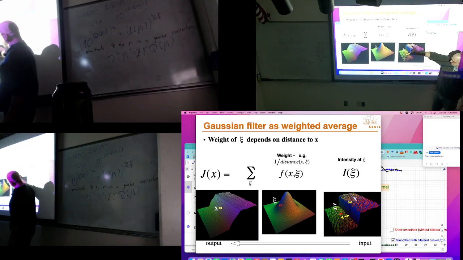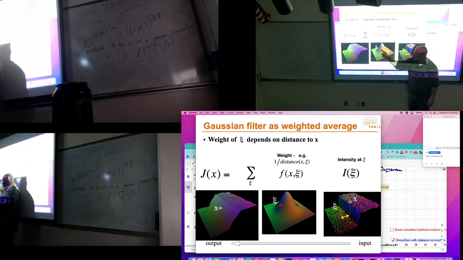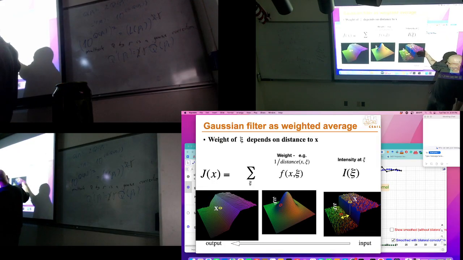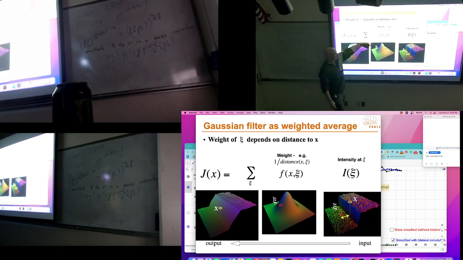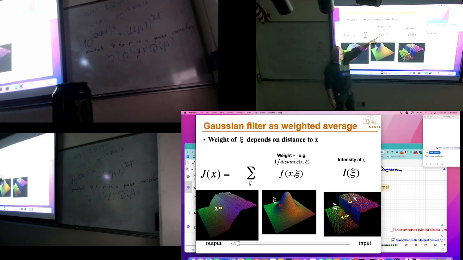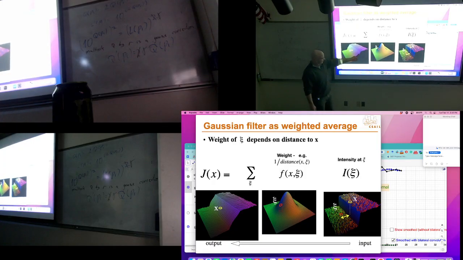And give it a weight, and the weight is determined when Xi is near X, just in the middle of the Gaussian. The further Xi is away from X, the less weight you're getting. So now when you're taking the intensity in this slide, it's I times the weight that I give to this point. What happened to the boundary between these two regions? The boundary is becoming much less pronounced.